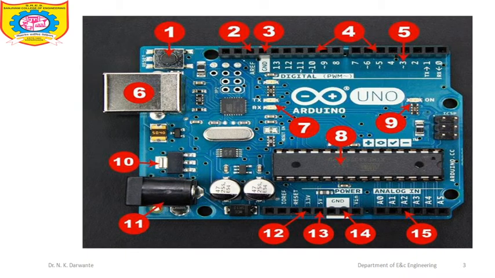In this diagram we can see that different important parts of this Arduino board are given numbers. You have to refer to these numbers from time to time, because our discussion will carry on with reference to these numbers like 1, 2, 3, 4, 5 and so on. This is for easy understanding purpose. Okay, now we will go ahead with the description of this Arduino board.